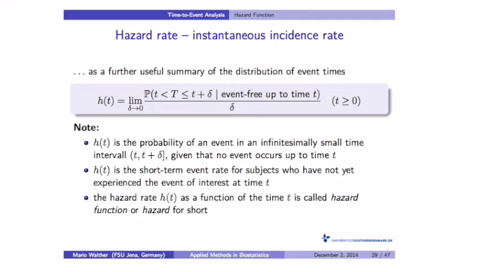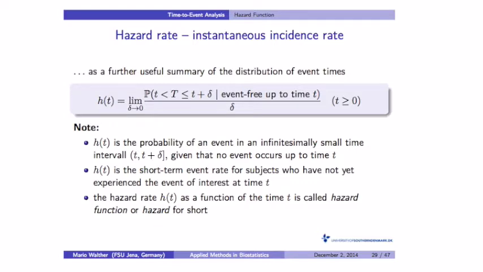So the hazard can also be about dying. Yes, it depends on the event you consider. For the leukemia example, the hazard rate is the rate that you remain in remission up to time t, and just at time t you relapse.